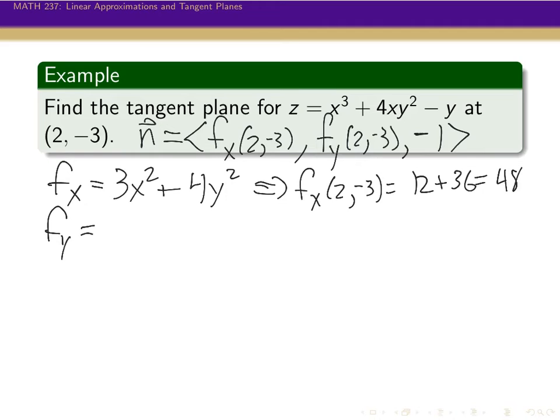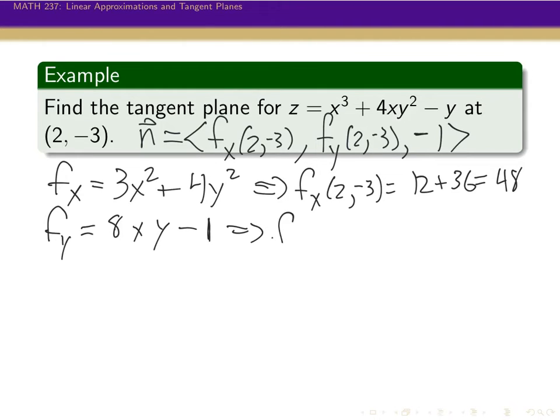Okay, the partial in terms of y is x cubed goes to 0. I'm going to get from 4xy squared, well, 4x is like a constant, and then derivative of y squared is going to be 2y. And so I'm going to end up with 8x times y. And then minus y at the end is going to give me a minus 1.